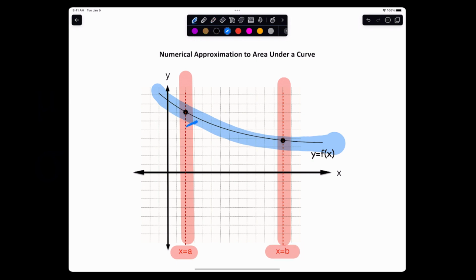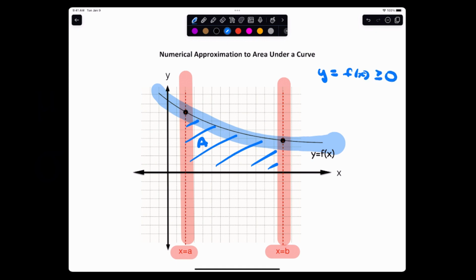Okay, here's a process. The question's going to be, what is A here? This is A for area. So you guys know we got area here, A. And it's a numerical approximation, so it's not going to be exact. It's going to be approximate. And I want you guys to note something important, that your function y is actually greater than or equal to 0.